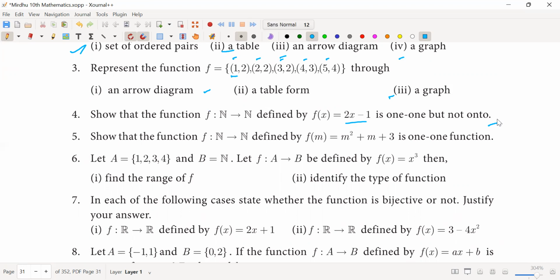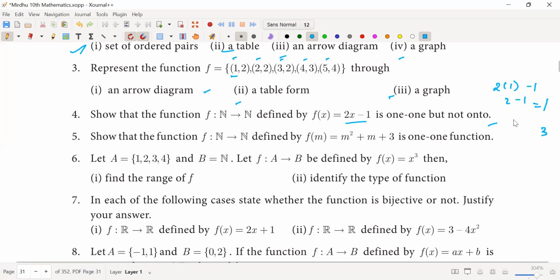Each value of natural number would be having a specific, unique image. Okay. So if I substitute, it's all natural numbers. 2 into 1 minus 1, 2 minus 1, 1. If I substitute 2, 4 minus 1, 3.